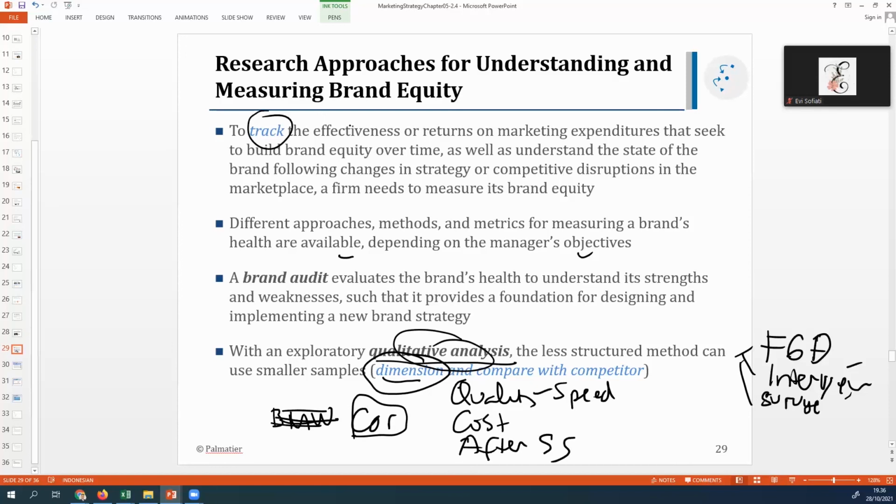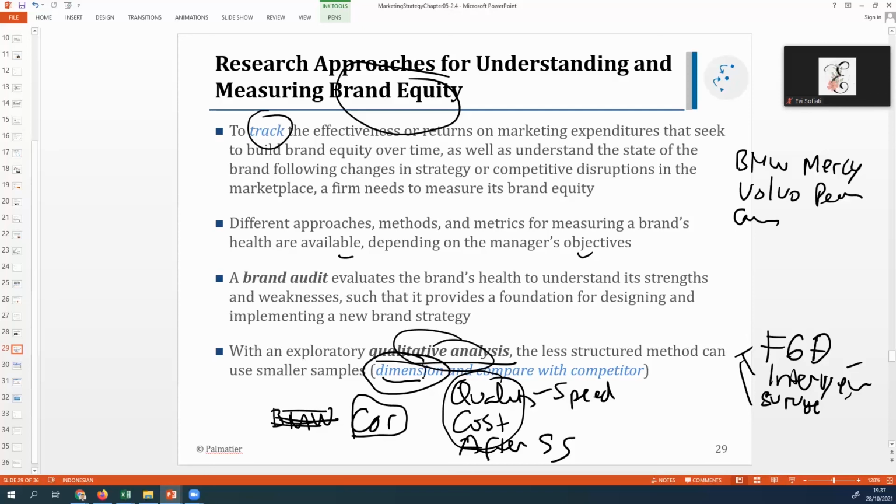To measure the brand equity, we need to conduct the survey on this towards all the competitors. BMW, Mercedes-Benz, what else? Volvo, what else? Peugeot, blah blah blah. Toyota, Camry, something like that. So we conduct this.